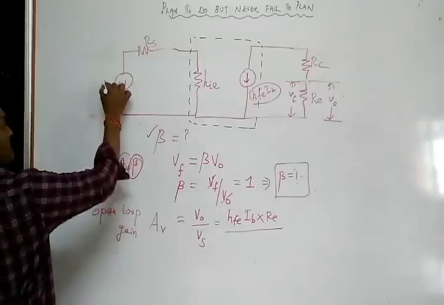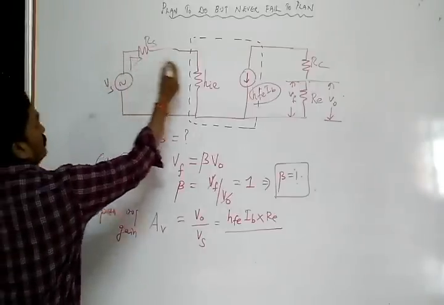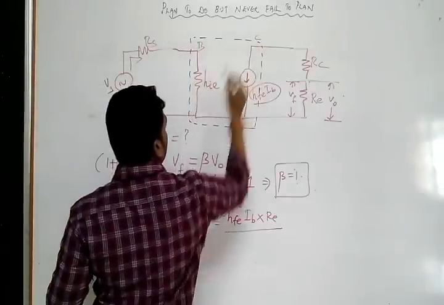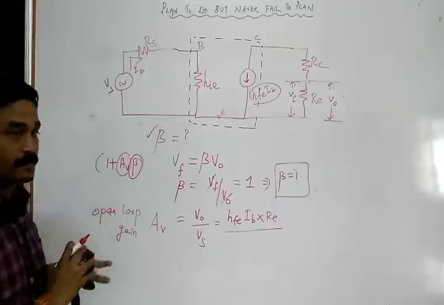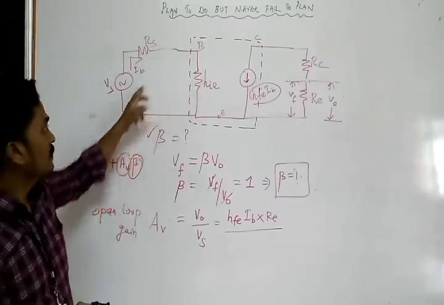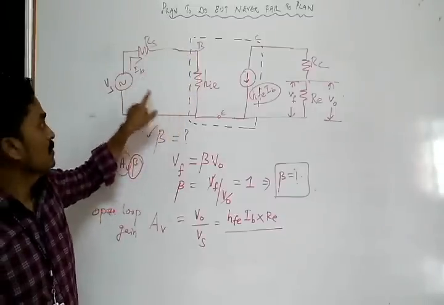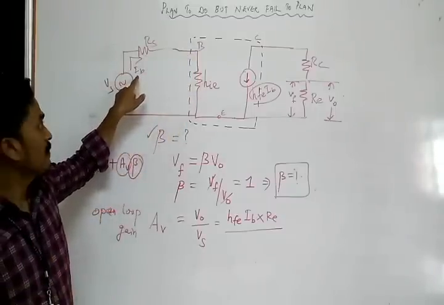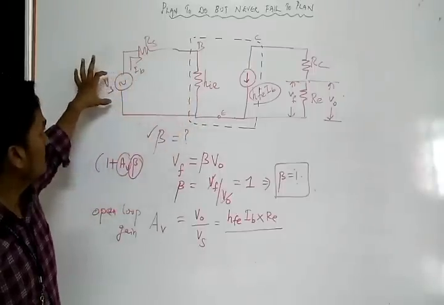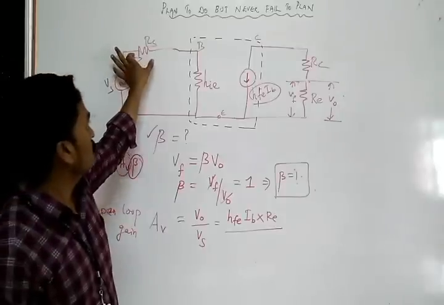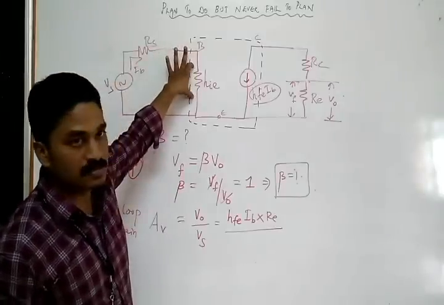This is your source voltage Vs, and since it is base, collector, emitter, we'll consider this current as IB current to the base terminal. This is also a series circuit, so the current value is the same. IB goes through RS and HIE. To get the total voltage Vs, I can consider the drop across this and the drop across this.